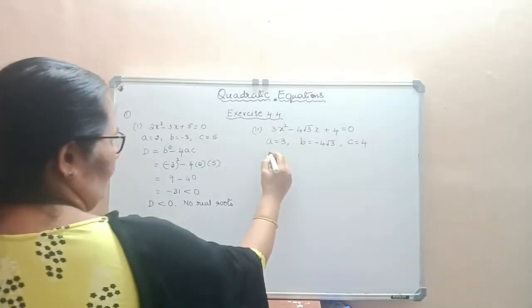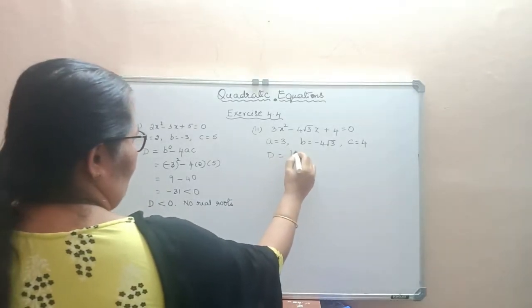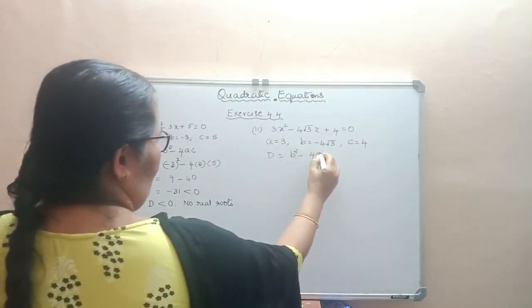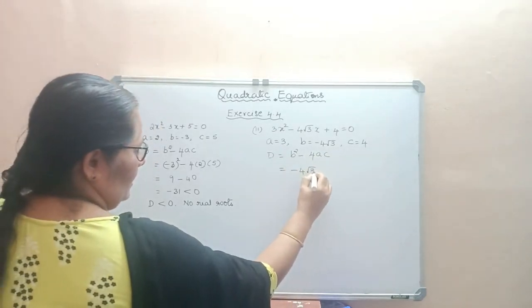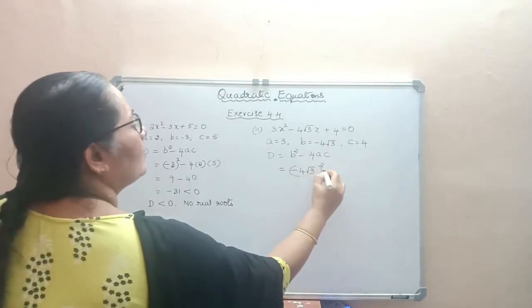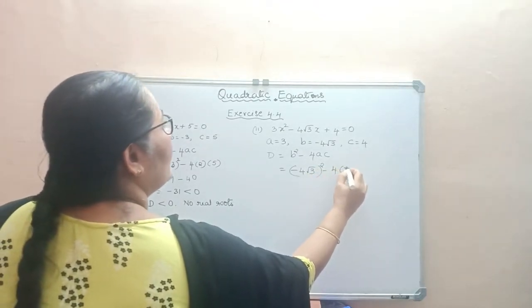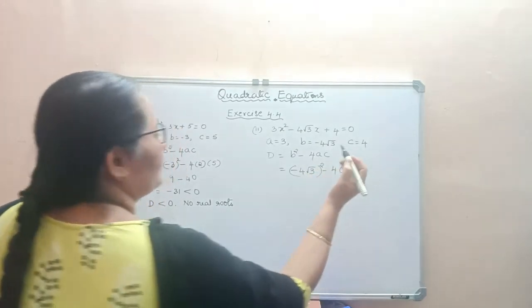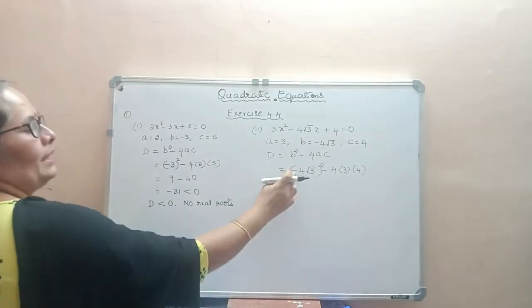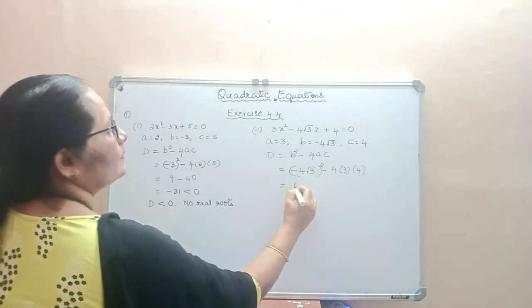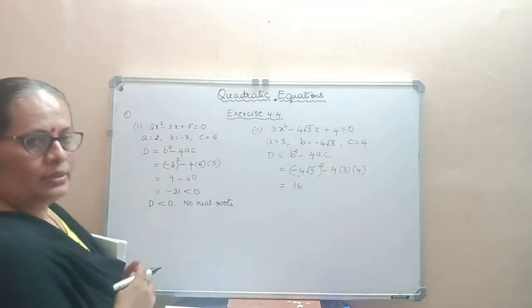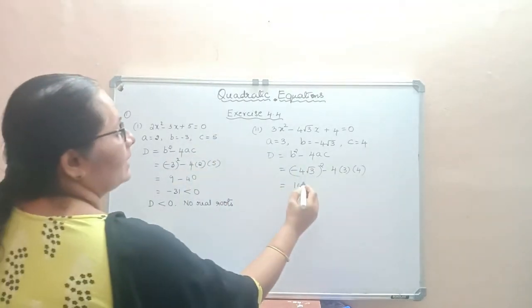Now find the discriminant, b square minus 4ac. So b square is minus 4 root 3 whole square, minus 4ac, where a is 3 and c is 4. Now minus 4 whole square is 16. Then root 3 whole square is 3.